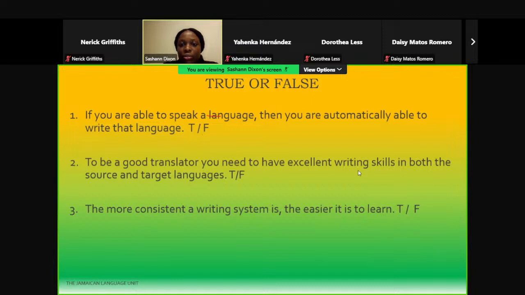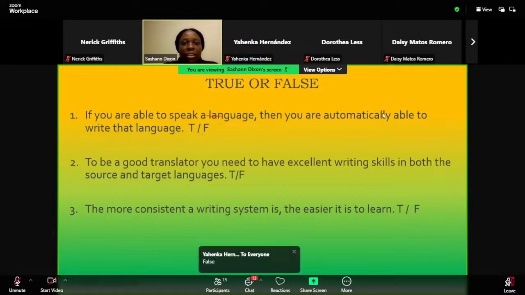My first question: if you are able to speak a language, then you are automatically able to write that language. Not a question, but a statement. True or false? Let's test out the chat feature. Could everyone attempt to give a response?